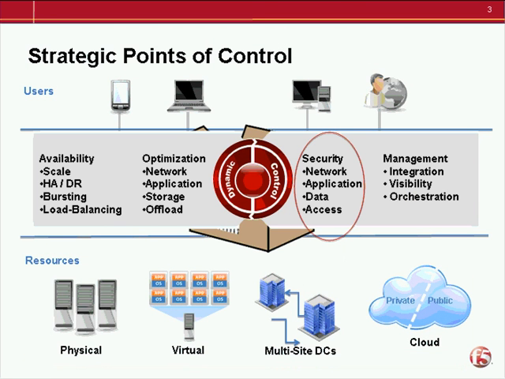Now, at the same time, the origination and destination of traffic rarely stays the same over time. You remember the people moving around, and potentially your resources are moving around. They might be in the cloud. They might be in multiple data centers. And so as the flows change, the strategic points of control often cannot adapt dynamically and thus become impediments to an efficient flow.